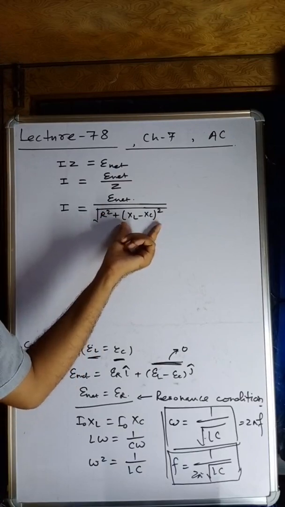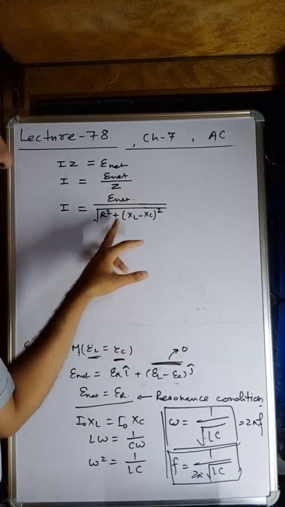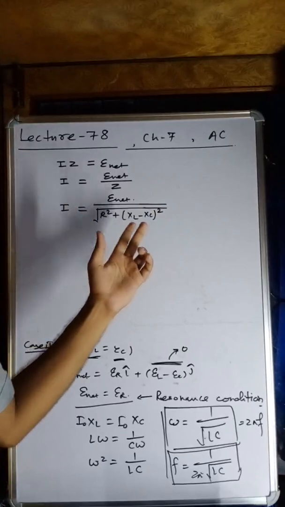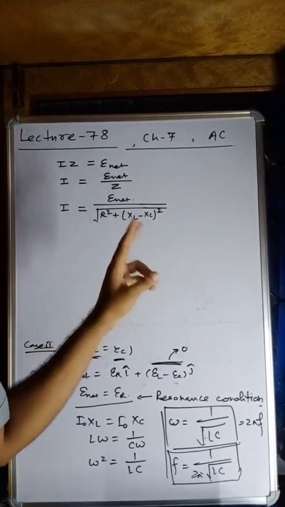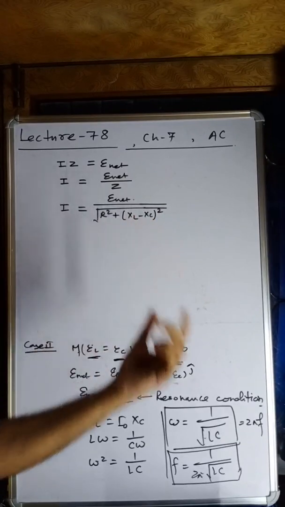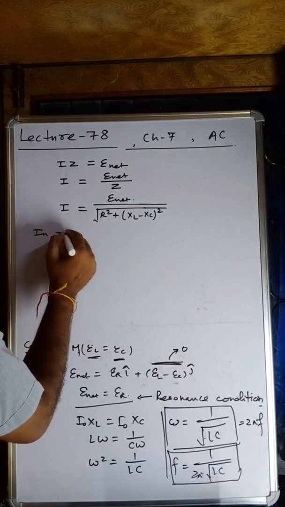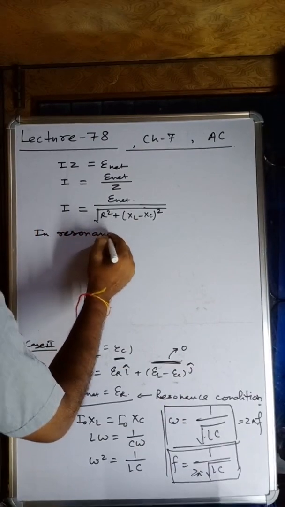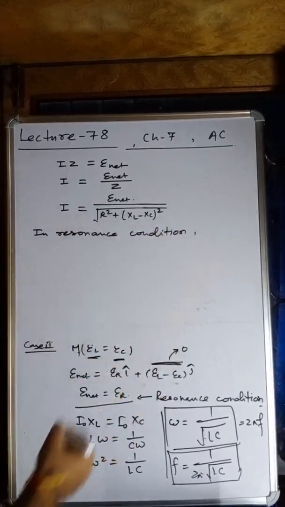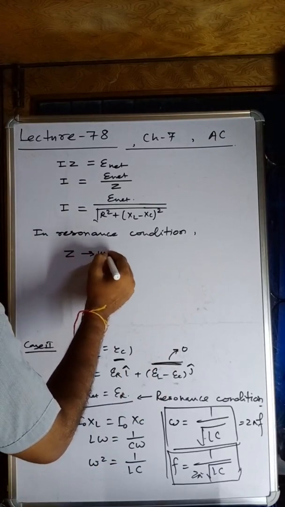Why? Because we cannot change the voltage across the resistor, we are changing the voltage across either the capacitor or the inductor, and we have maintained the voltage across these two such that it becomes 0. So in the resonance condition, we can write, my dear students, Z is minimum.